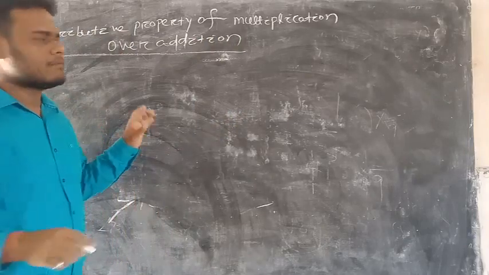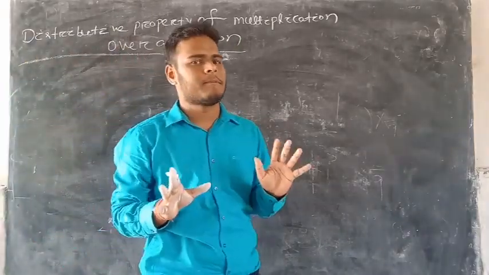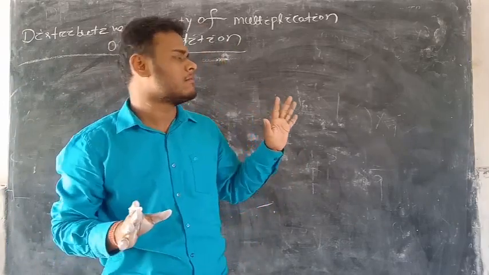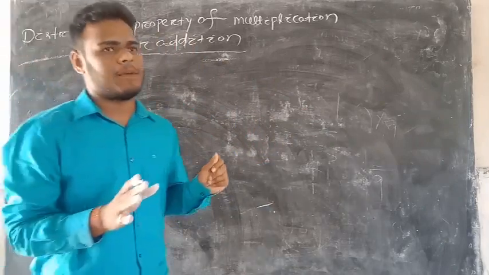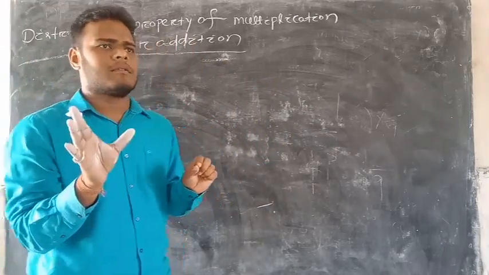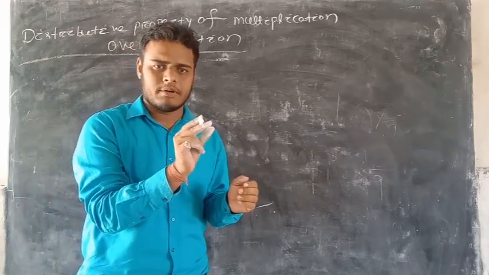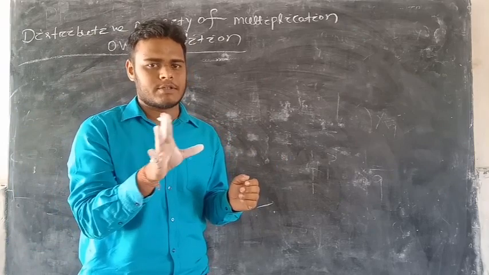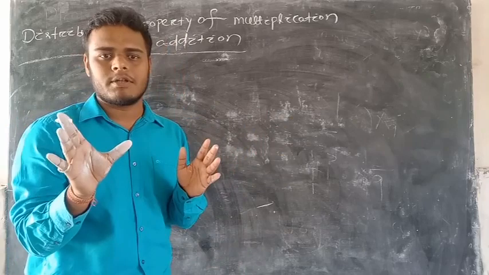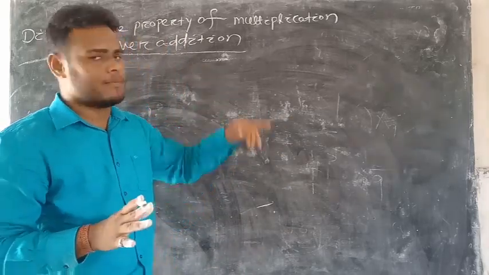What does it mean? It means if I multiply a common number with the sum, and then also separately multiply the common number with the addends of that sum, I will explain by giving examples. Then the sum of those products will be the same result as the previous one.